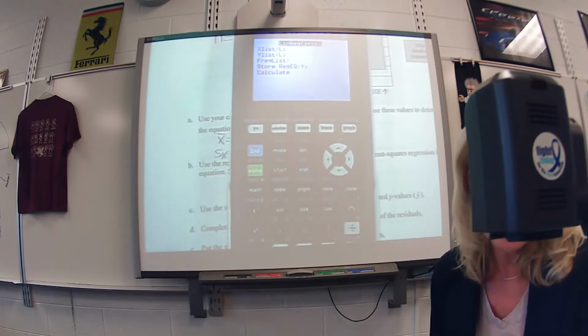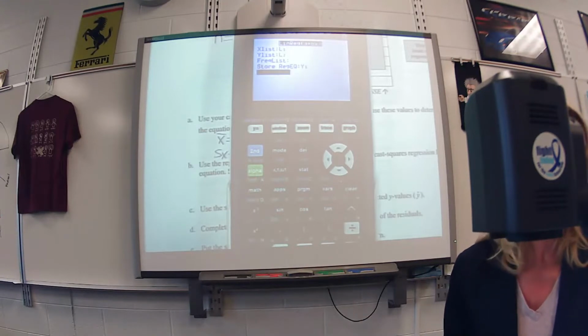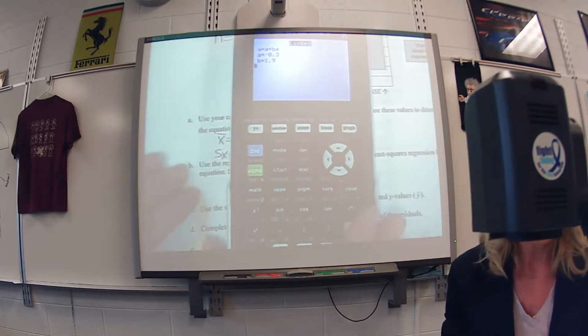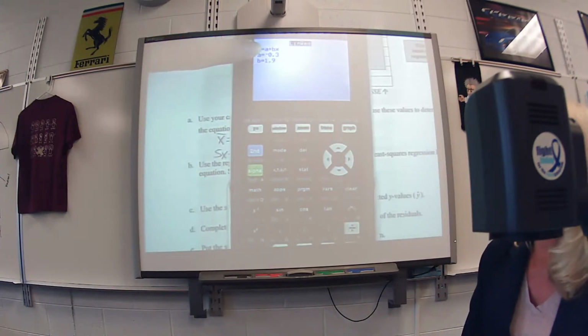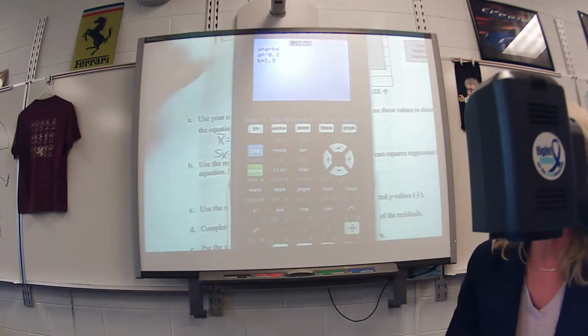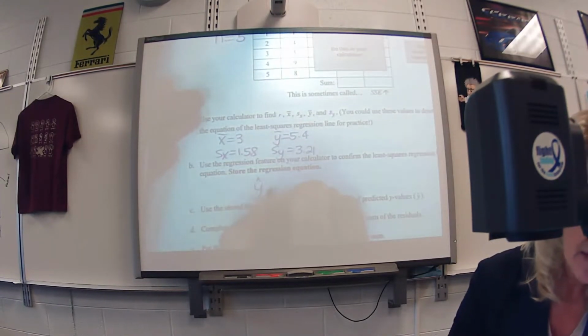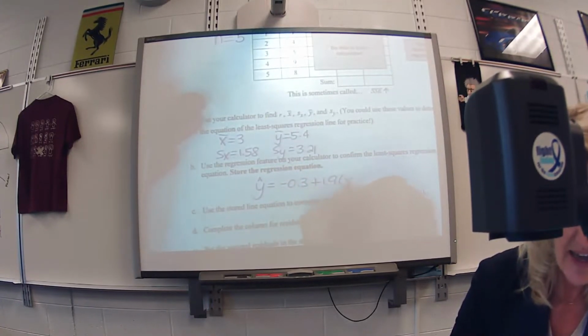And then when I tell it to calculate, which by the way, I forgot to turn my diagnostics on, so I'm not going to get my R value anyways, but I now know that A, which is my y-intercept, is negative 0.3. I know my slope is 1.9. So my regression equation is going to be y hat equals negative 0.3 plus 1.9x.